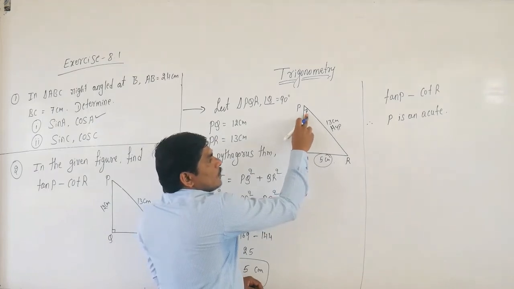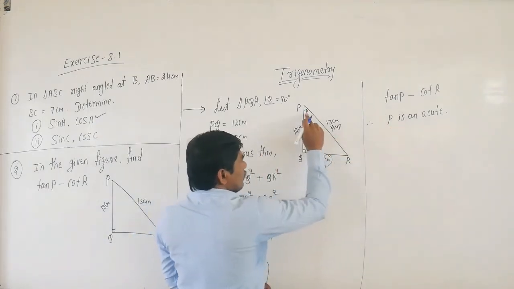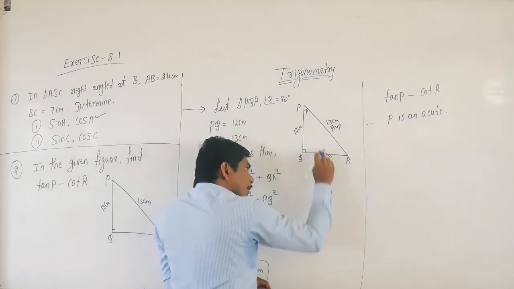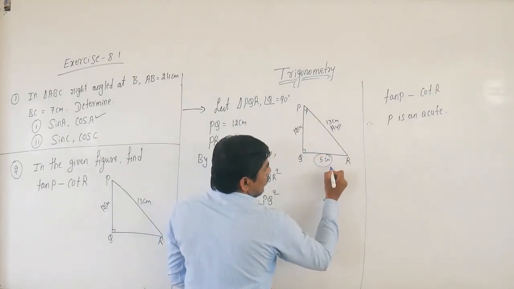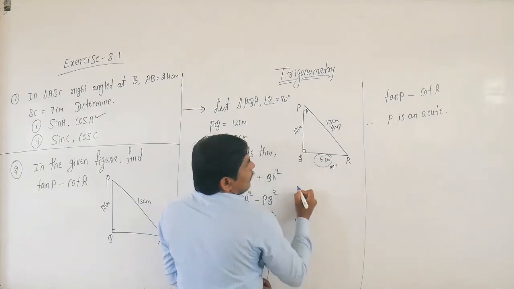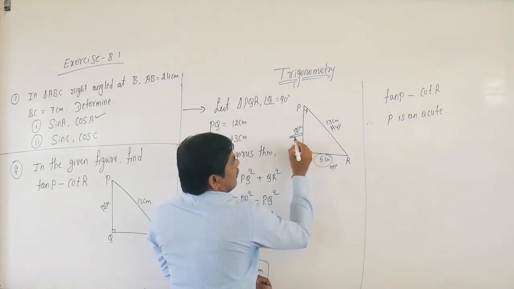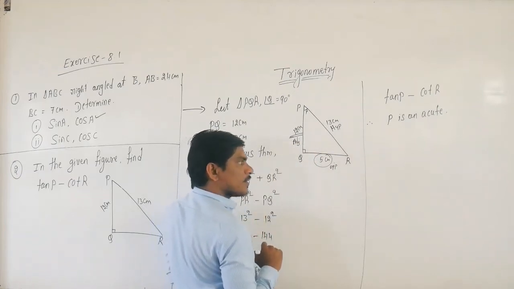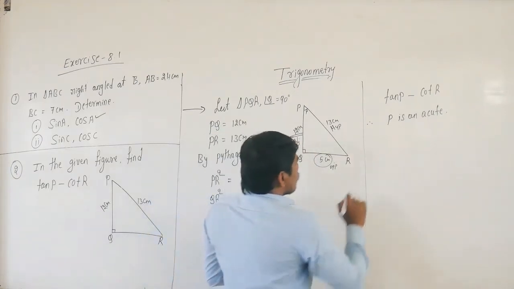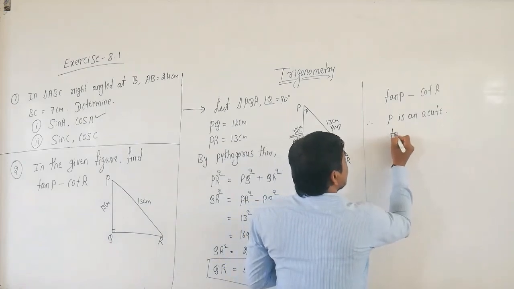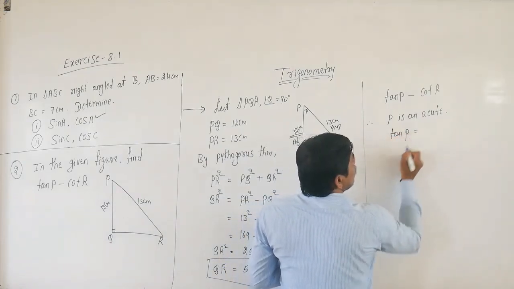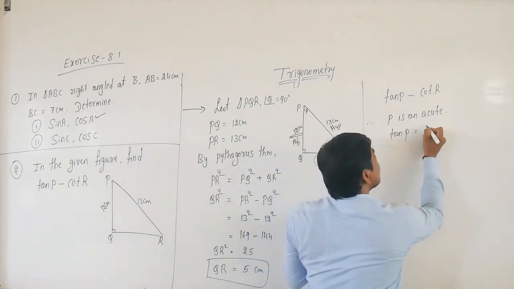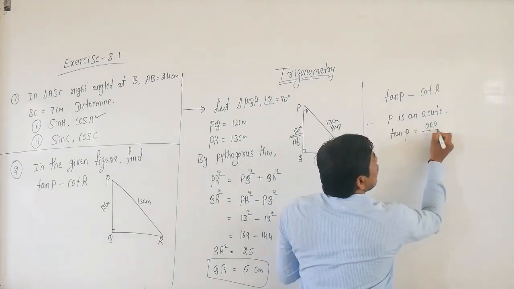Angle P, we considered acute. The angle which is acute, that angle's opposite line segment is always the opposite side, and the remaining side is adjacent side. Now tan of P, by using the definition of tan theta, is opposite by adjacent.